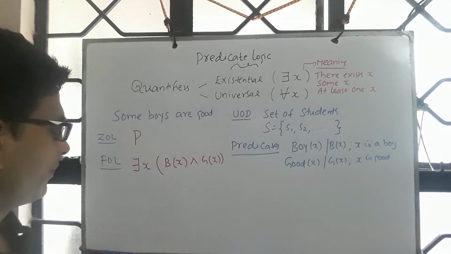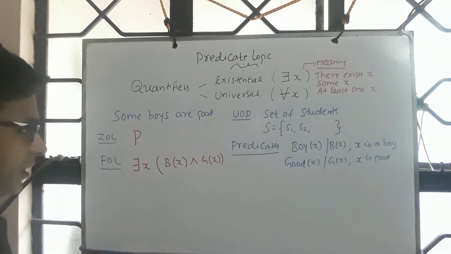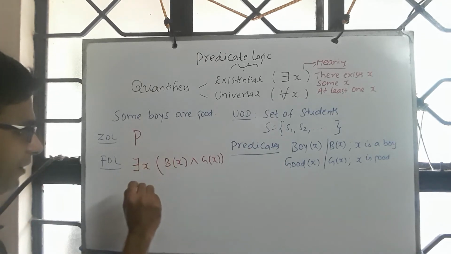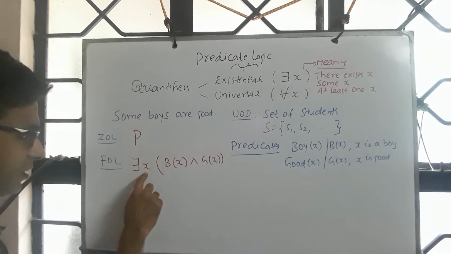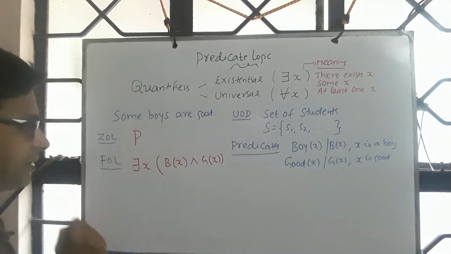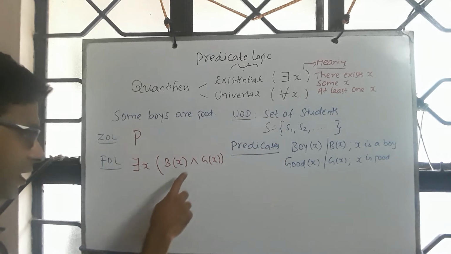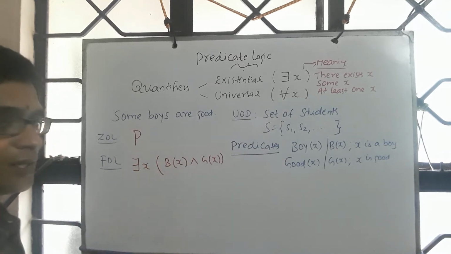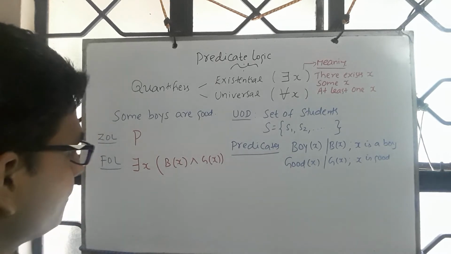So if you see this carefully, we use predicates and quantify elements, specific elements, for example in this case X. And just like the way we used to do it in propositional logic, we use logical operators to connect things.